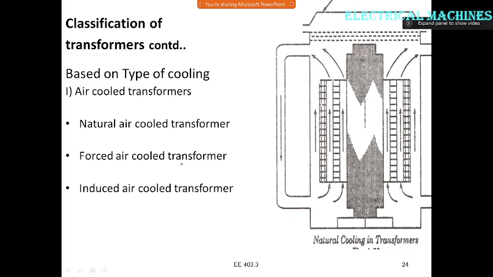Here we apply air to reduce the losses in the machine, the AC machine. So we need to flow the cooling air, either naturally, forcefully or induced.